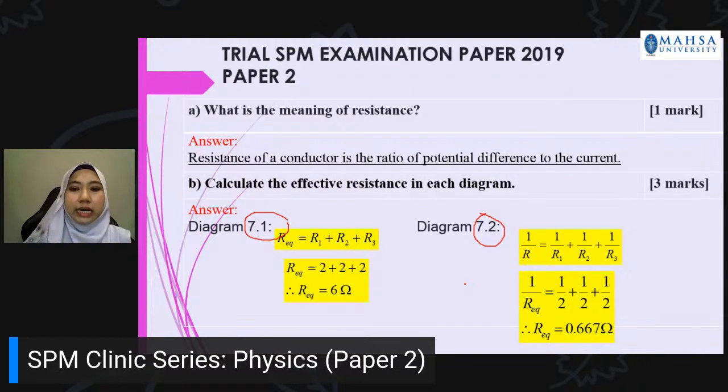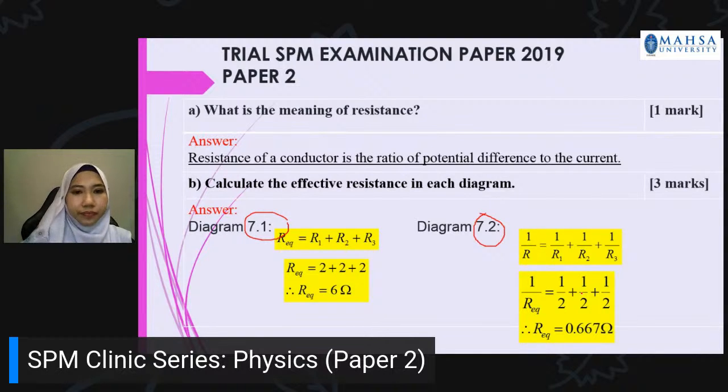The resistance in diagram 7.2 is lower compared to diagram 7.1. So the arrangement or position of the bulbs in your circuit is very important in determining the effective resistance, and it will affect the current in your circuit. Here you get one mark, and for the working you get two marks.